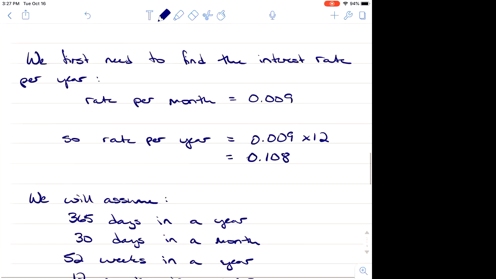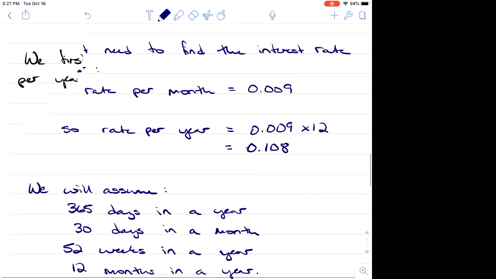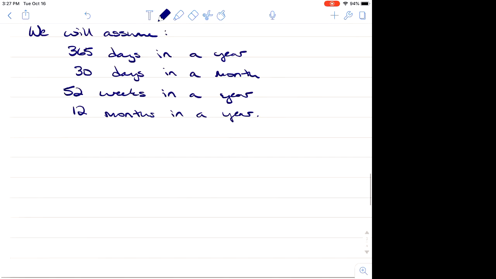Okay, so now we have our rate per year, 0.108. Now we can find T. We have I equals PRT.